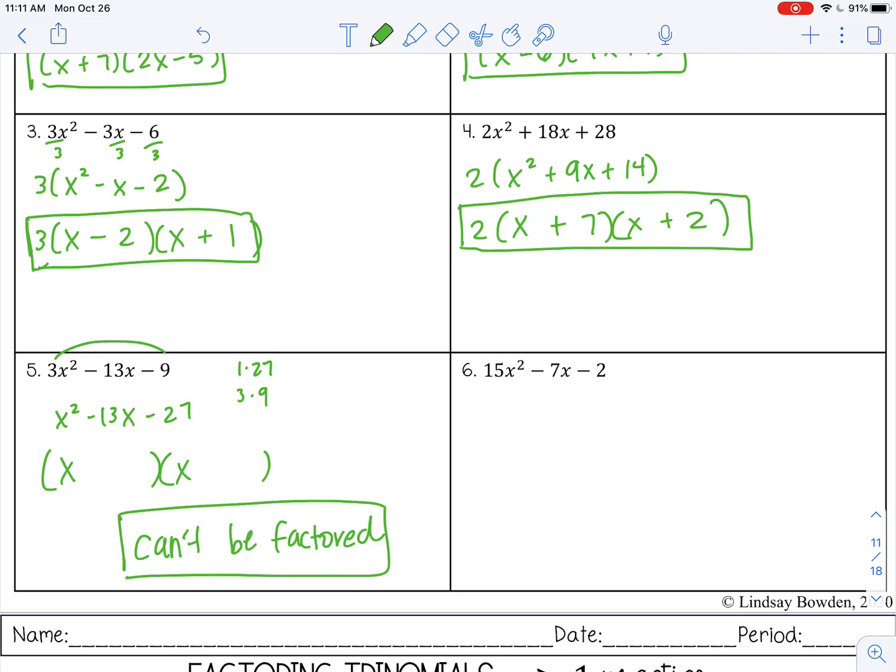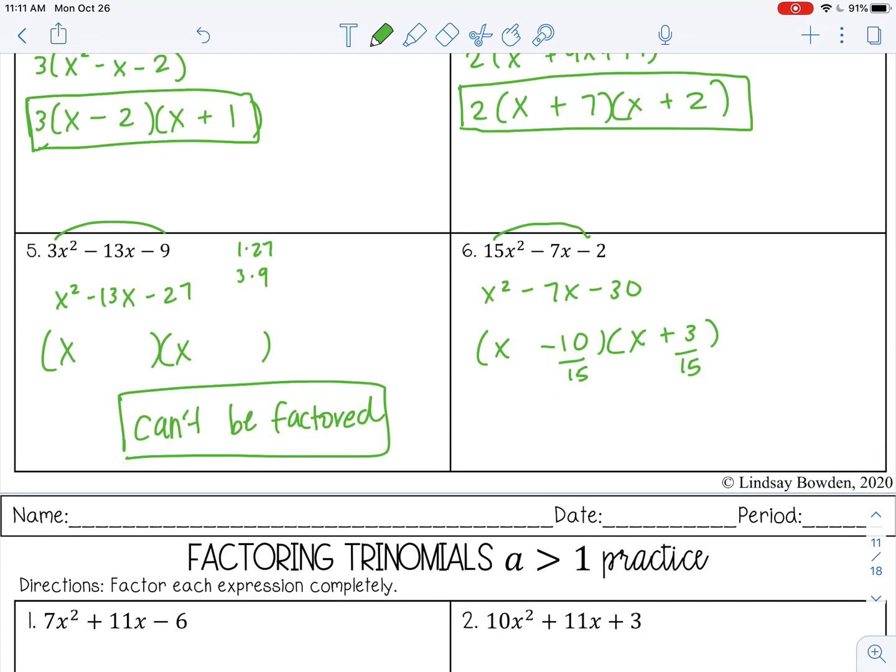All right, and then the last one, there's no GCFs, so I'm going to multiply. 30, looks like I can use 10 and 3. Negative 10 and positive 3. And then I need to divide by 15. Now, be careful on ones like these. If you can reduce the fraction, you need to do that.